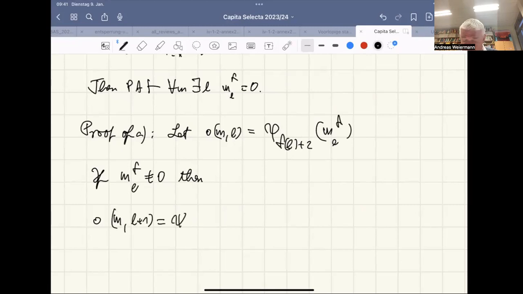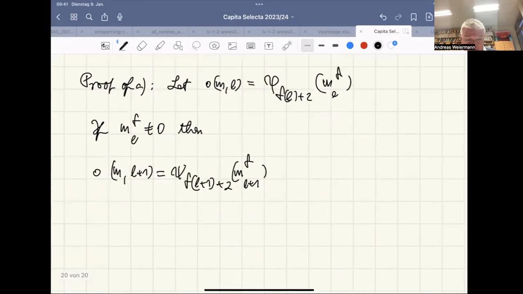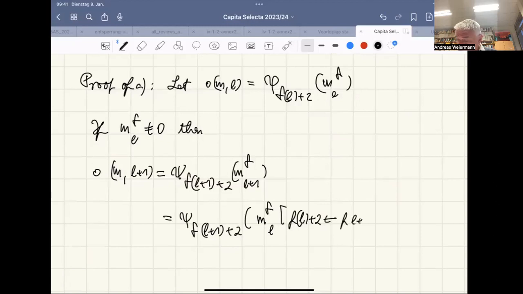It's psi FL plus 1 plus 2 of ML plus 1 of F. So this is psi FL plus 1 plus 2 of MFL, where I have F of L plus 2 replaced by F of L plus 1 plus 2 minus 1.